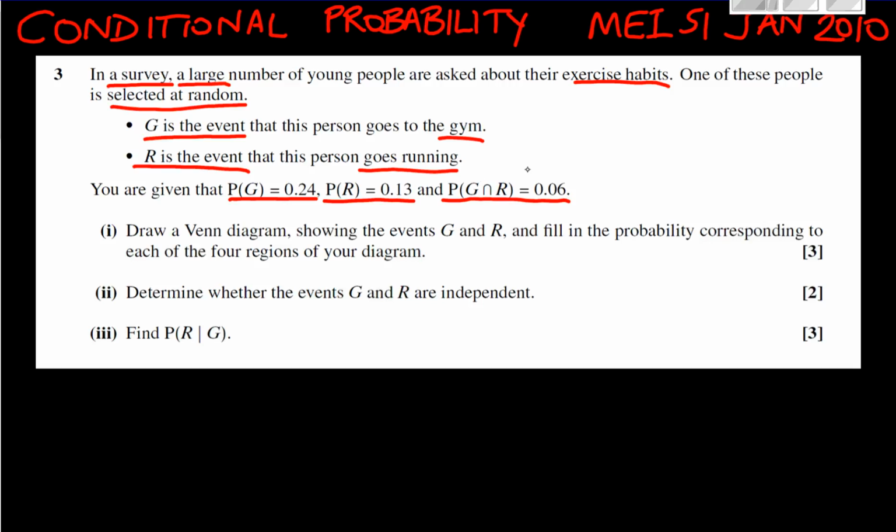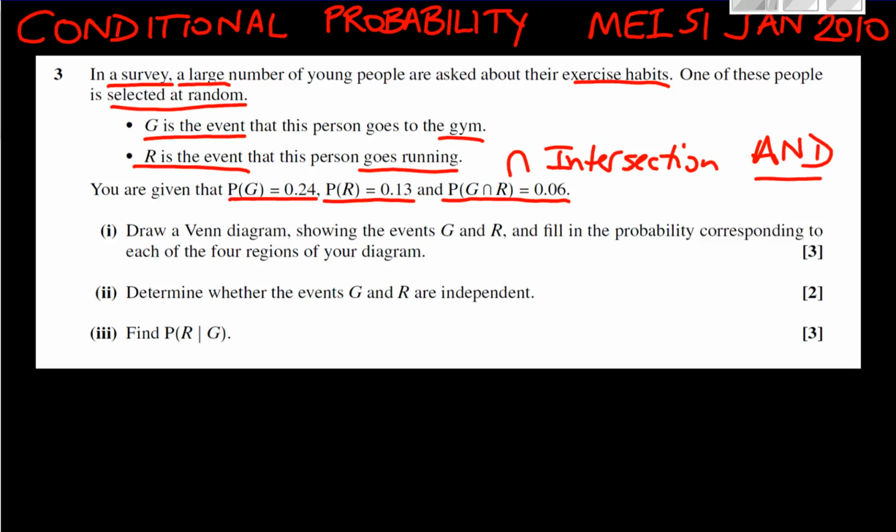So that symbol there, the intersection symbol in set theory, is the one we use in probability as an 'and'. So anytime we see it, here gym and running, then we know it's the intersection.